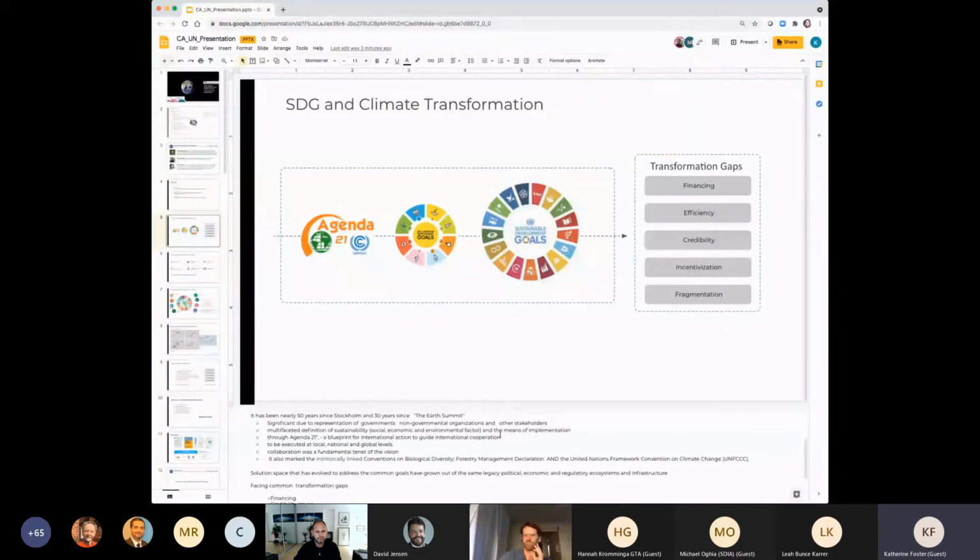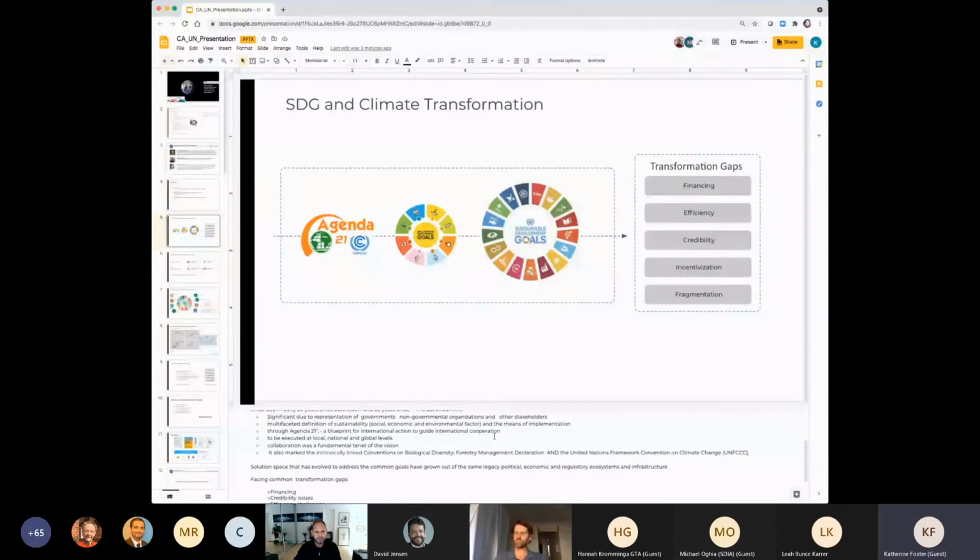And this is significant. The Earth Summit was significant because of the representation of governments and non-government organizations and other stakeholders, and because of the multifaceted definition of sustainability and the means of implementation that were examined.